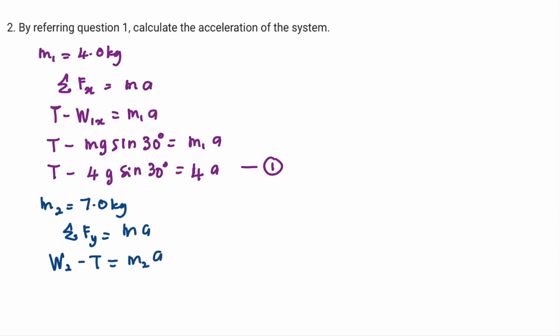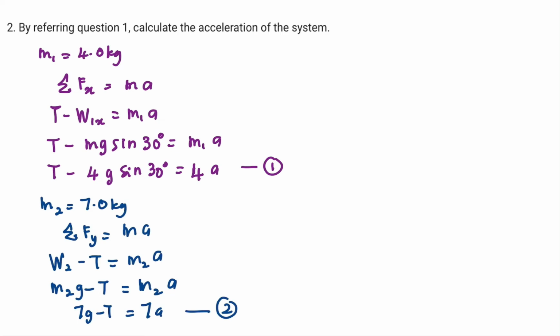Actually you will have m2g minus T equal to m2a. Then substitute values: 7g minus T equal to 7a. So this will be the second equation.